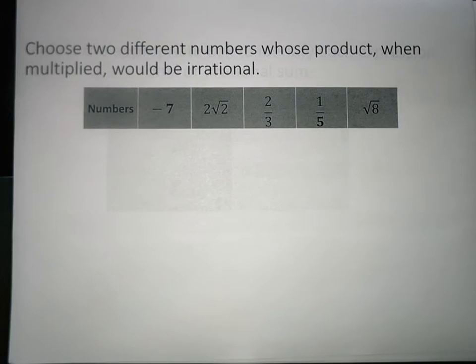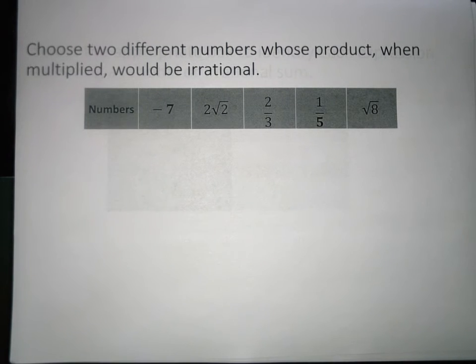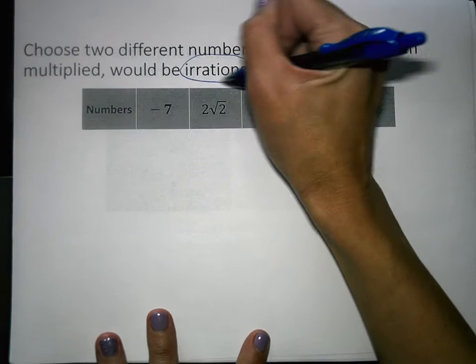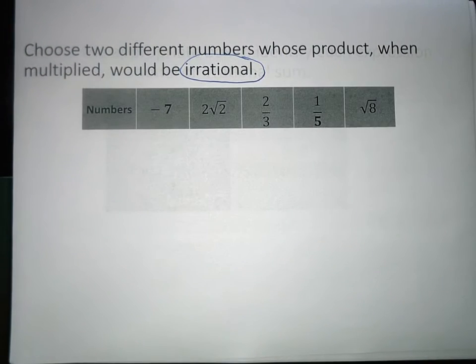Okay. This next one says choose 2 different numbers whose product when multiplied would be irrational. So you have to be careful on this one. Again, in order for it to be irrational, you need to have a root in your answer.